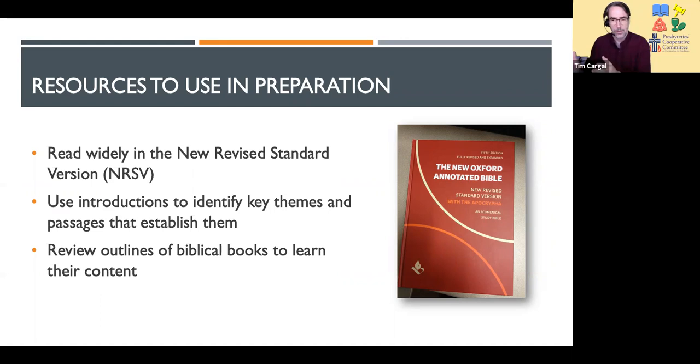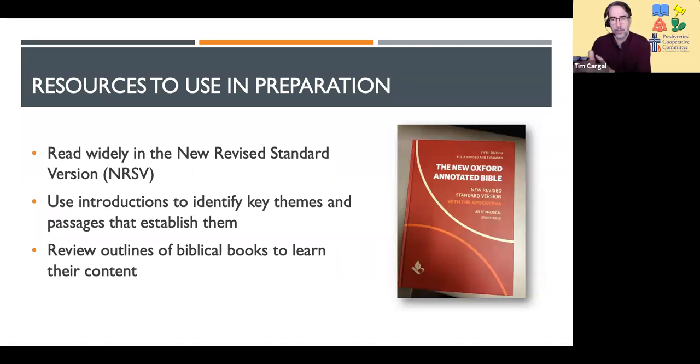If you're looking at Paul's letters in the New Testament, where does Paul deal with the Lord's Supper? Where does Paul deal with the issue about offerings that have been made before idols? The outlines can help you with that, so that when you see a question quoting something that touches on one of those topics, you will be able to recognize, oh yeah, that came up in Galatians.